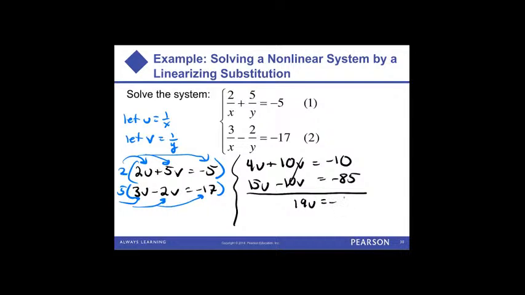Divide both sides by 19, u equals negative 5. So if u is negative 5, we can solve for v. I'm going to use the first equation.